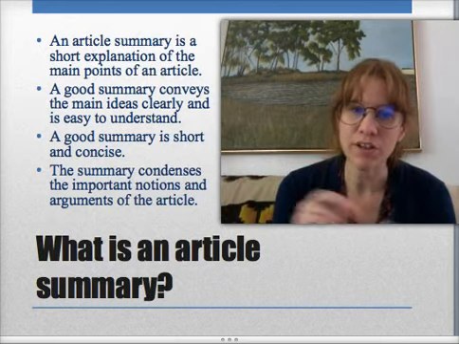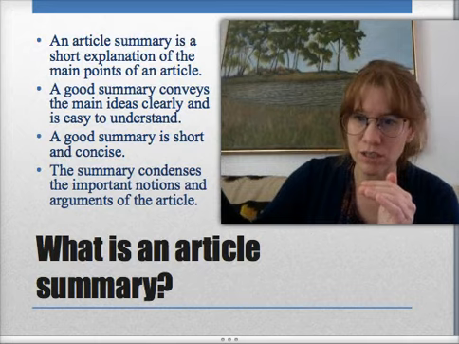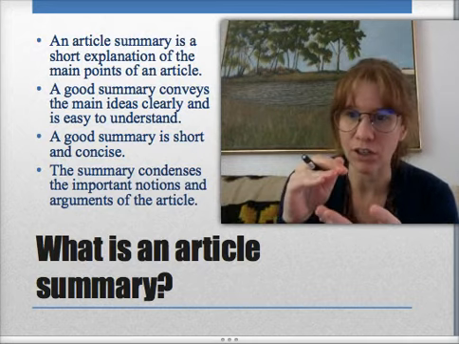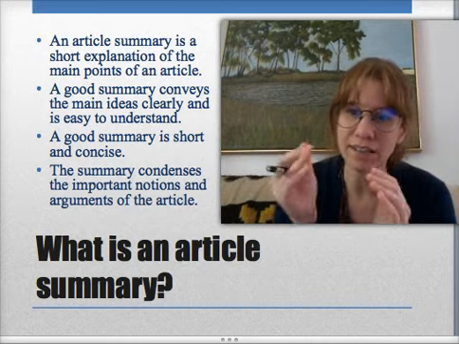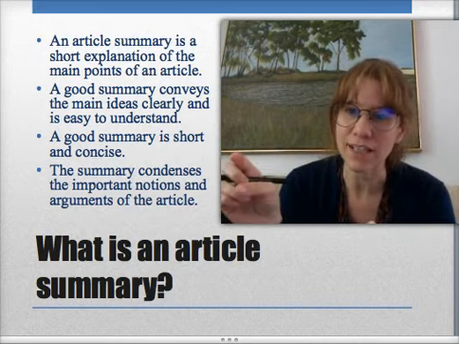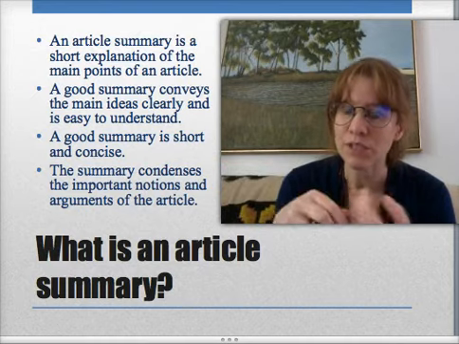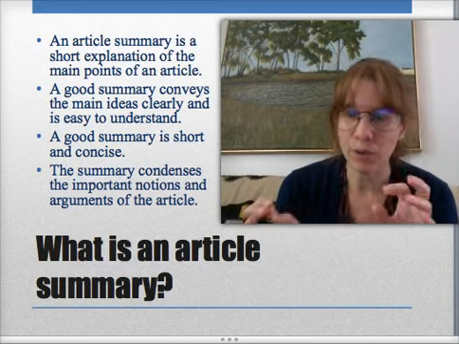So the point of an article summary is to summarize. The article itself might be 10 pages long. Your summary is going to be 1 paragraph long. So you need to decide how to condense that information into a really short, concise explanation of what that article was about. You want to really focus in on the main points of the article.